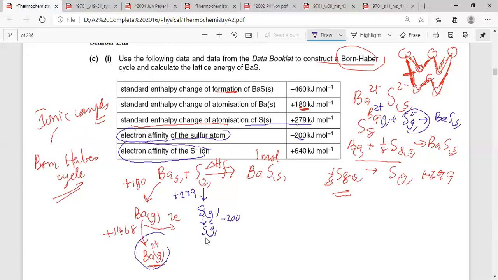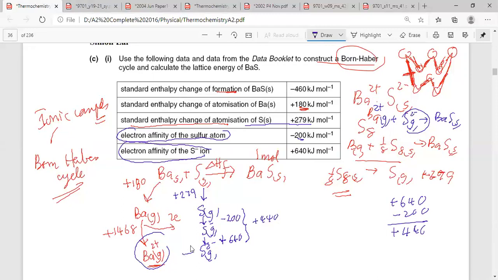Now the second one, S- to S2- gas, is positive, because the negative charges repel each other: 640. So overall positive 640 minus 200 is still positive 440.